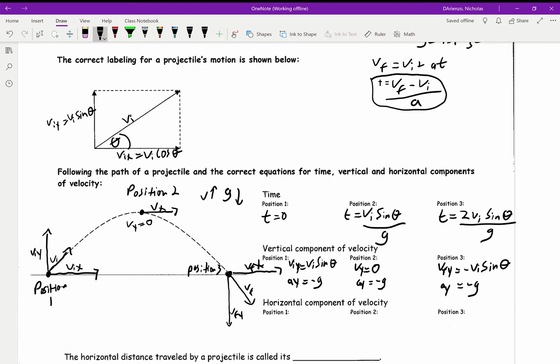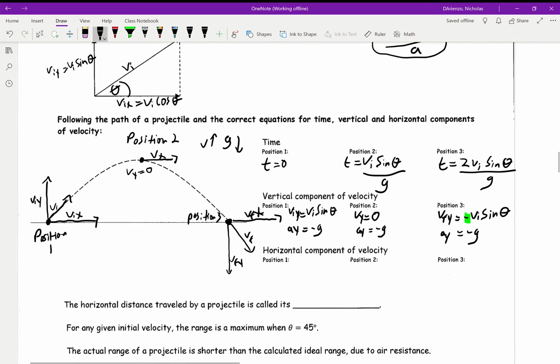So that's indicating that acceleration of gravity pointing towards Earth is always going to be counted as our negative direction. And that's why we see that negative velocity show up in position 3 when talking about the final velocity in the y direction.